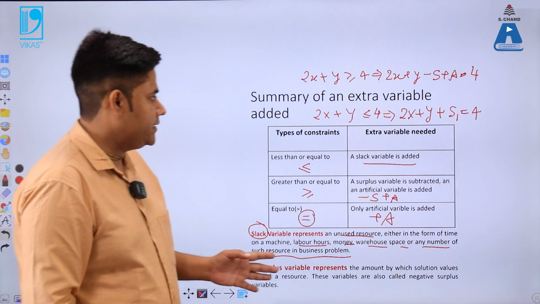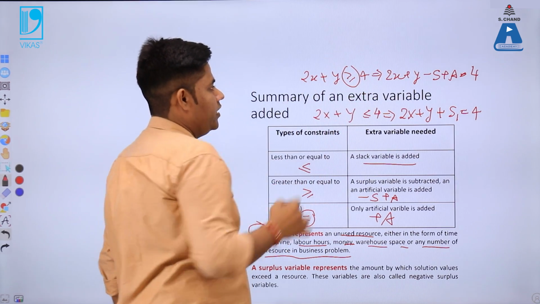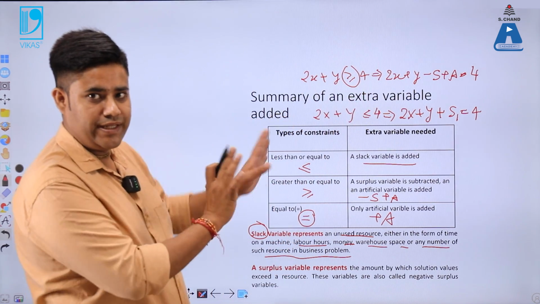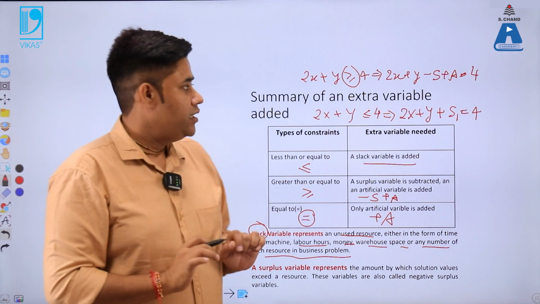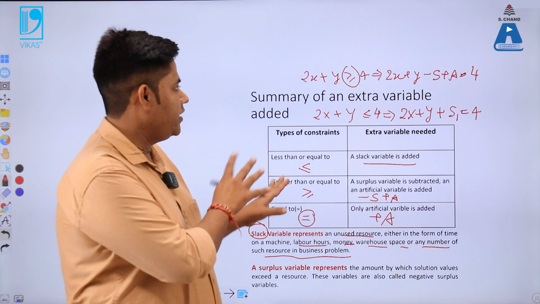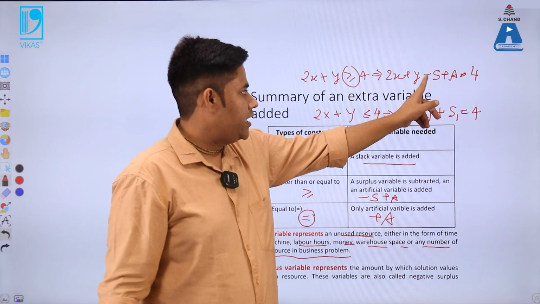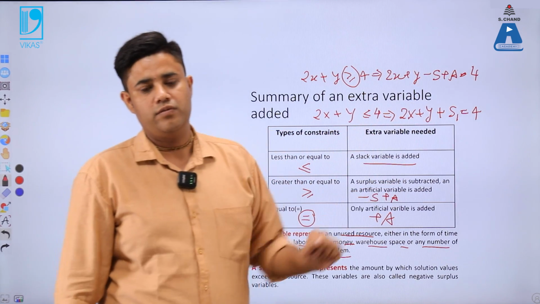Surplus variable is an exceeding resource. If this equation is a more than type equation, that means those resources are exceeding your expectation. So we need to remove those additional or extra variables, the surplus variables, and an artificial variable is to be added.